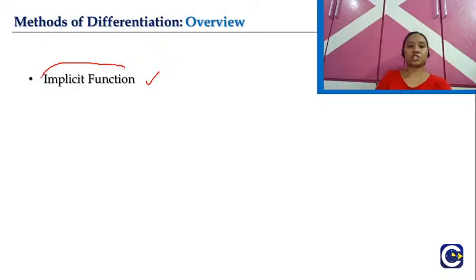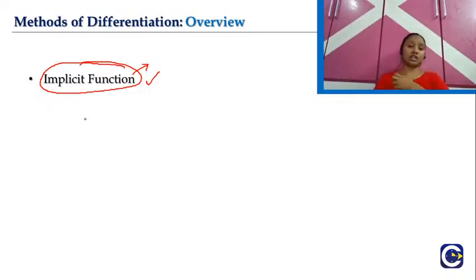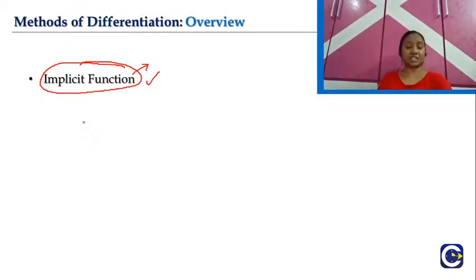We focused only on the differentiation of the implicit function, where we learned the definition, like which function is called an implicit function, and how we differentiate it. We solved some 2-3 questions, some of them JEE level questions. That's why we took a lot of time in our previous session to solve these typical questions in the context of implicit functions.